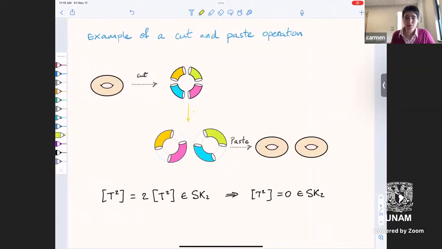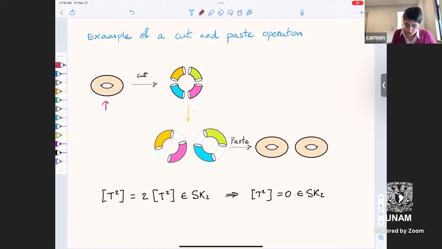Just to give a little bit of flavor, or an extra example of something interesting that you can do with cut and paste invariants: here on the whole slide, we have the same game as at the beginning. We start with a closed manifold. Now I'm going to chop it up into different pieces, just as I did with the polygon.